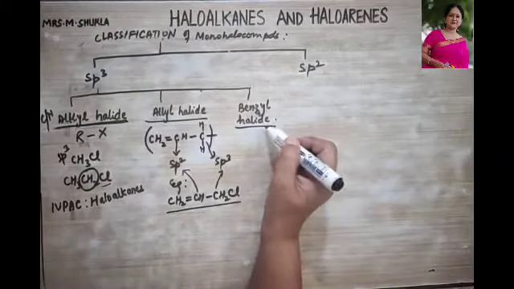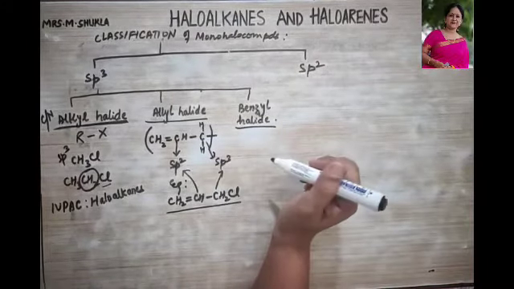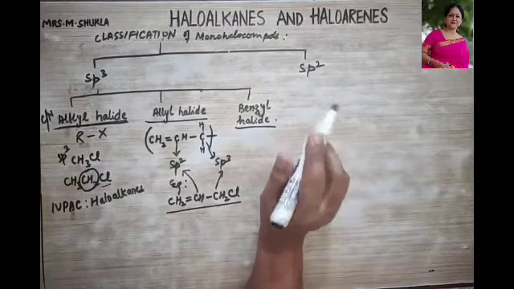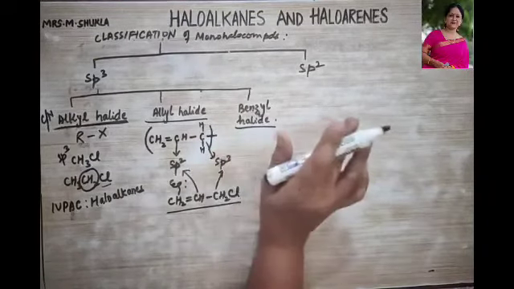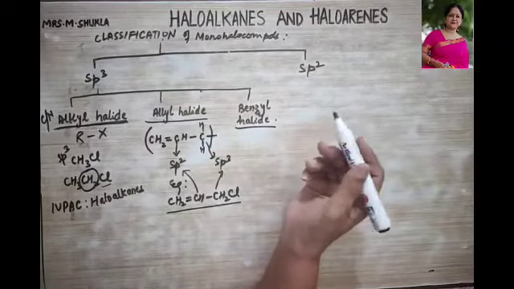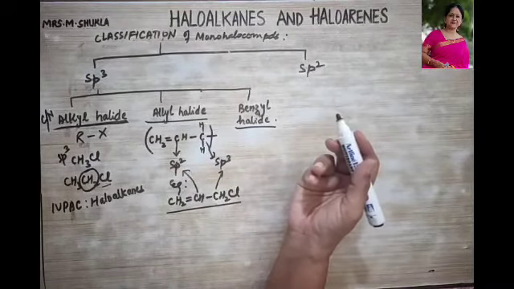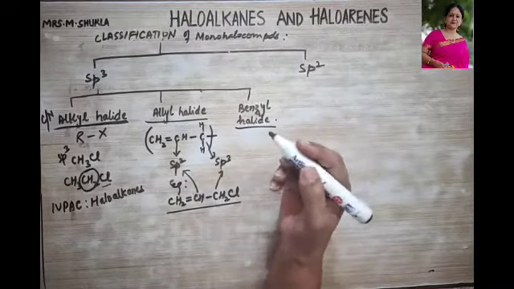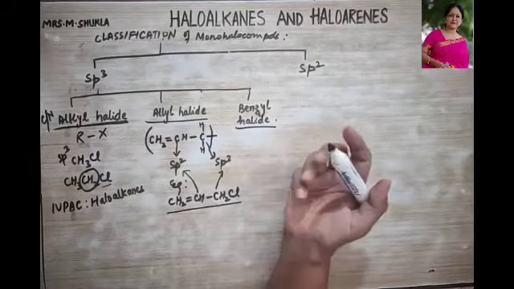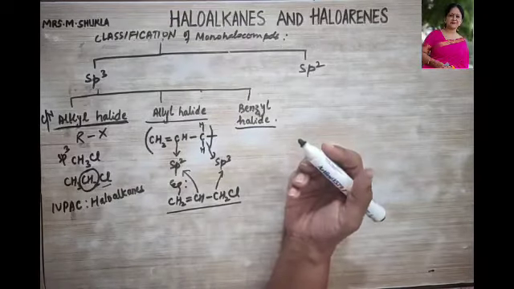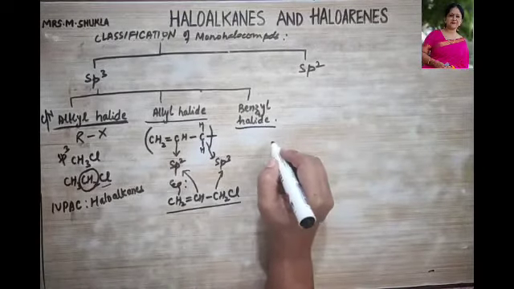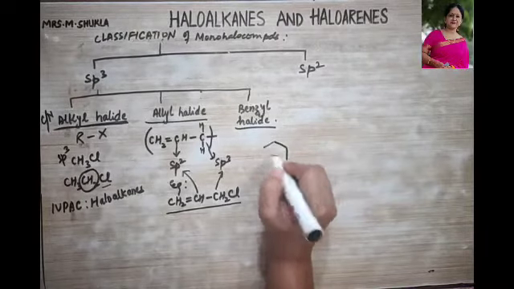Now let's come to benzyl halide. What do we mean by benzyl halide? In benzene, all the carbon atoms have a double bond, right? So we have to first convert it into benzyl. How to convert it into benzyl? By removing one hydrogen from it.